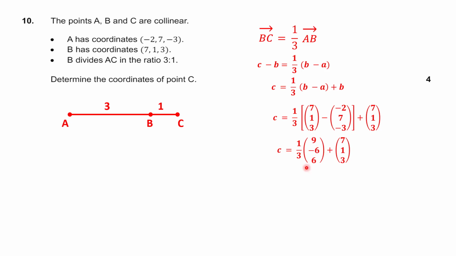We've got to find 1/3 of this and then add on this. So let's see, 1/3 of 9 is 3 plus 7 is 10. 1/3 of -6 is -2 plus 1 is -1. And 1/3 of 6 is 2 plus 3 is 5. So we've now got the position vector for C. So we can then say that C is just 10, -1, 5. 4 marks for that question.